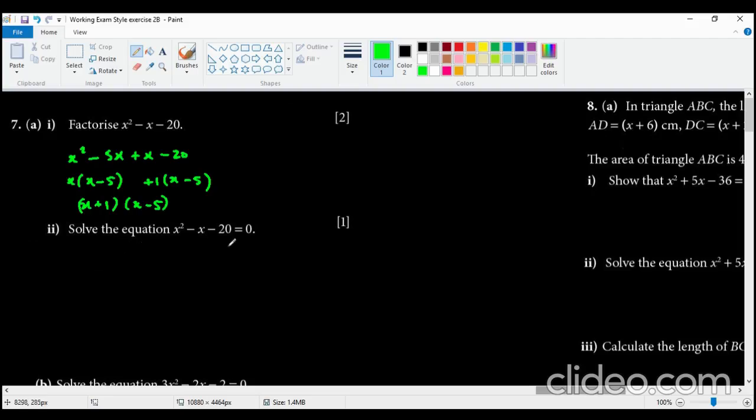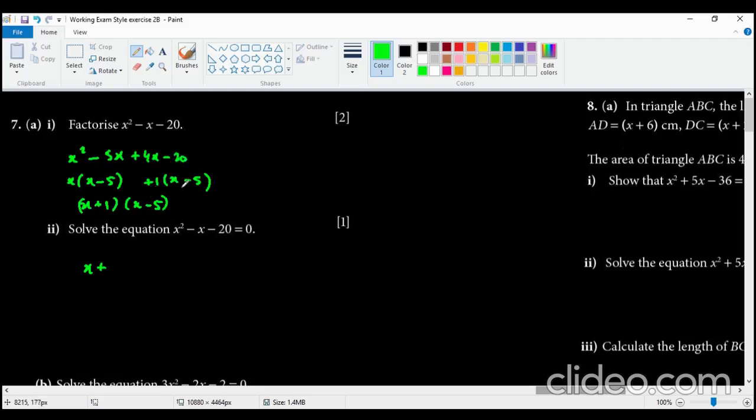Now solve the equation. We have to find out the value. That means x plus 1, this is going to be, actually this is plus 4. I should write a plus 4, plus 4x minus 20.